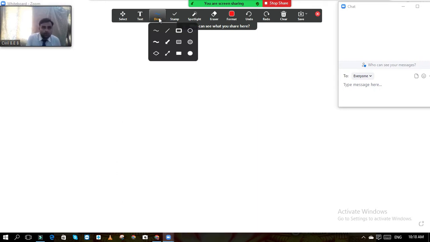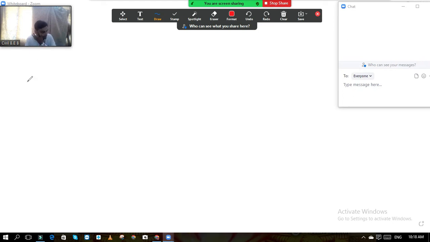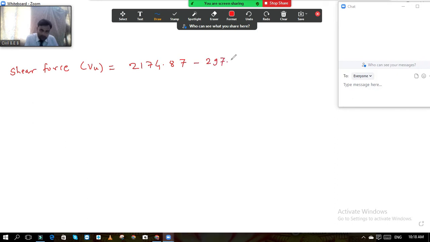So the equation for shear force, we have calculated the equation for the shear force. I will write here: shear force Vu is equal to 2174.87 minus 297.52 d minus 297.52 d square.